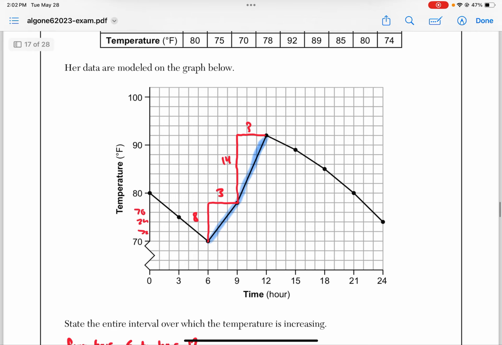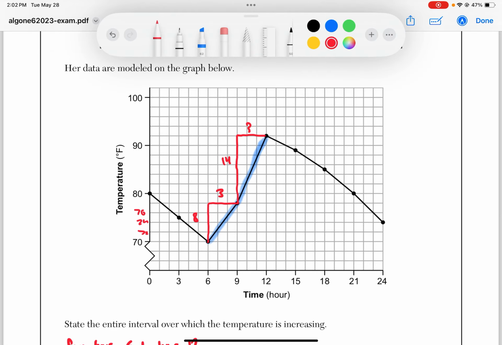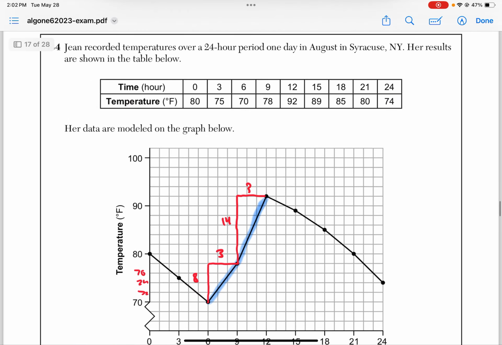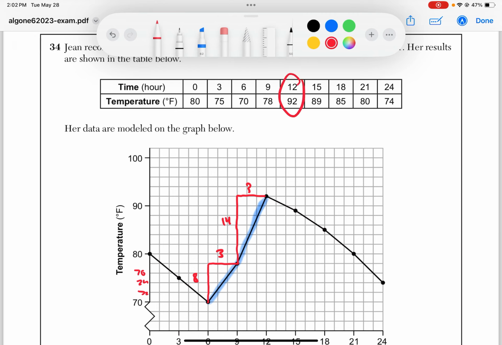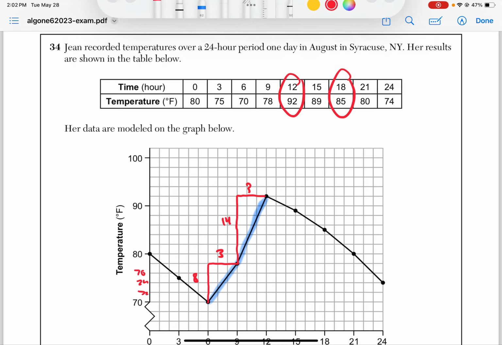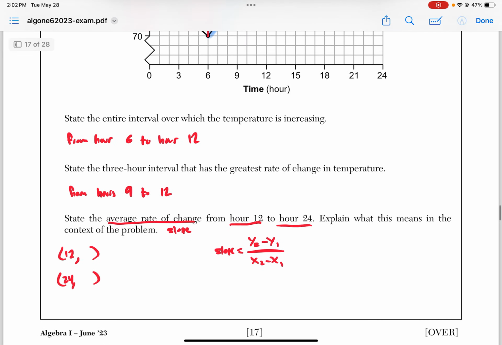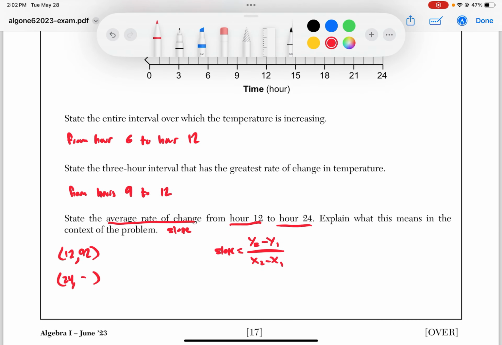So I go here. Let's go back up to my table, right? We have 12 comma 92 and 24 comma 85. Those are the outputs with their inputs. So let's go down and fix those with a 92 and an 85. And I'll label, right? This is my first input and my first output. That's my second input and that's my second output.